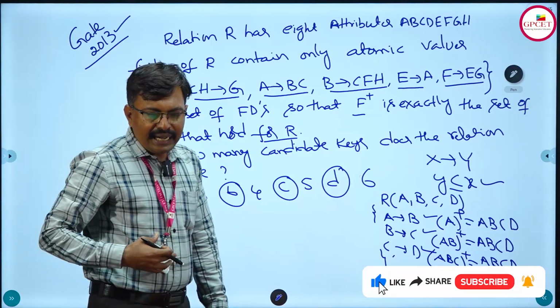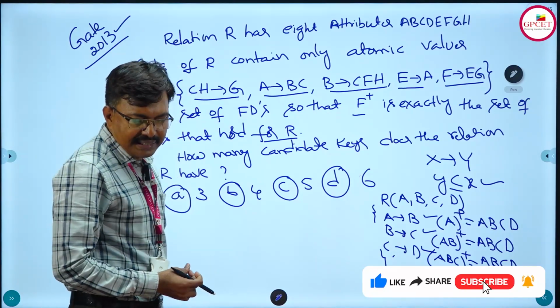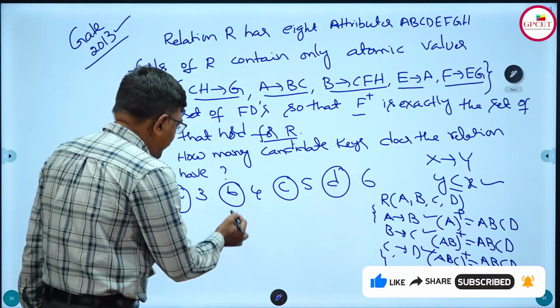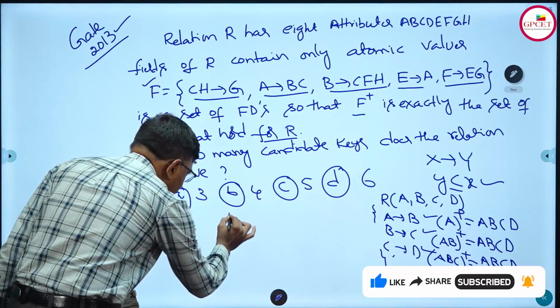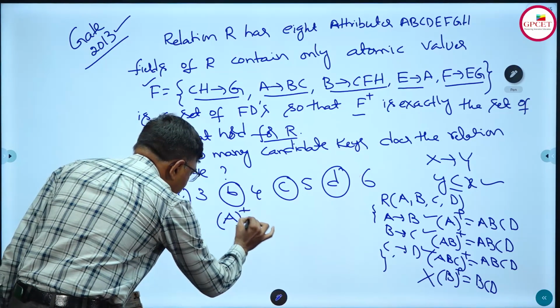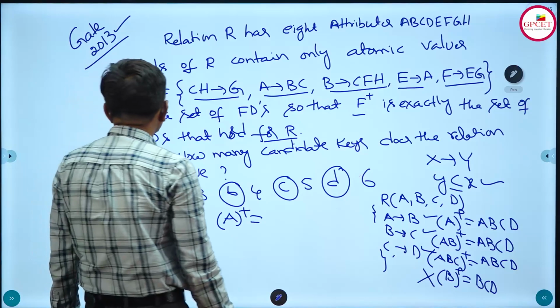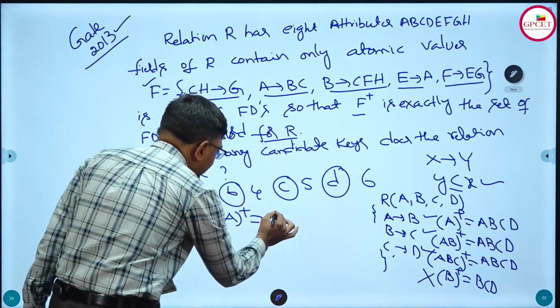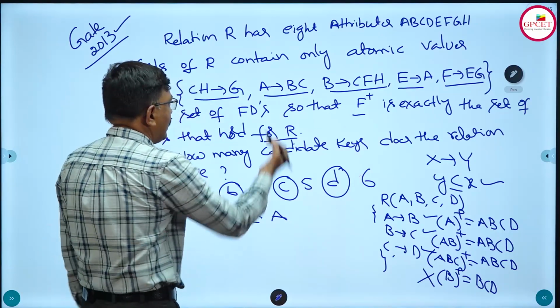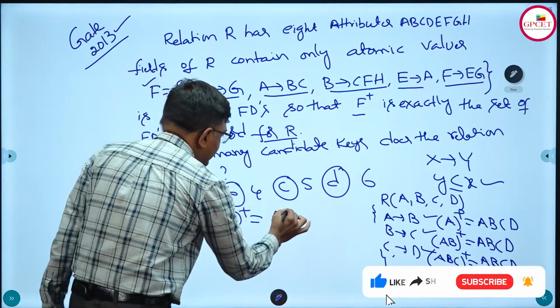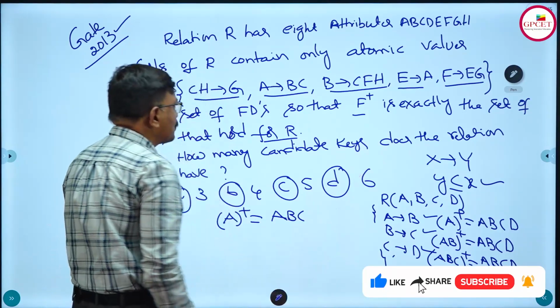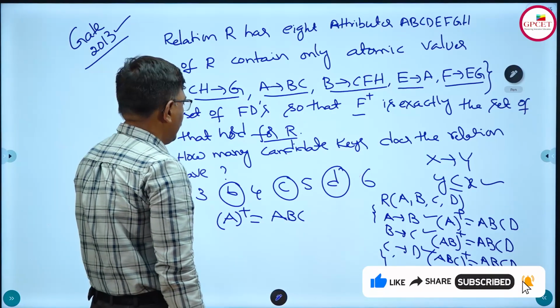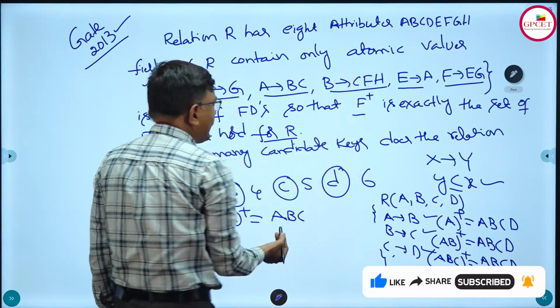How many candidate keys are there? What is the first one? A closure. Observe here A closure. A closure, clearly A. Simply we can write it as A. And then A derives BC. And then B derives CFH.